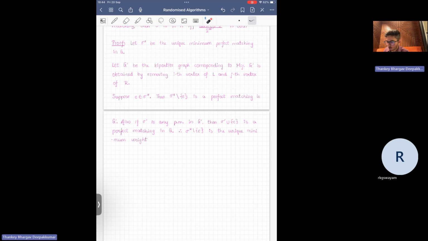Also, if sigma prime is a perfect matching in G prime, then sigma prime union E is a perfect matching in G. So my claim is that this shows sigma star minus E is a unique minimum weight perfect matching.